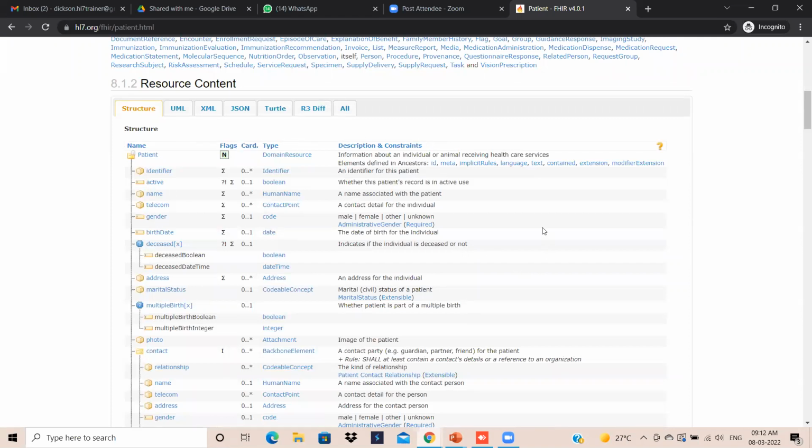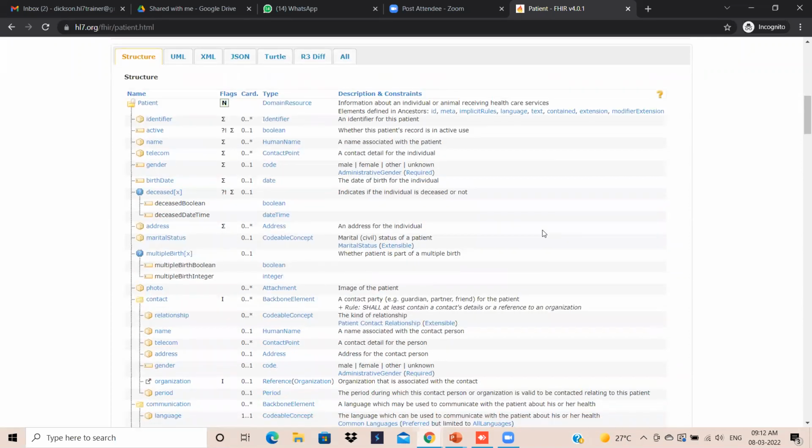This page is just one single page, but there is a lot of information present here. Each of these icons plays a major role in understanding the resource element and has a lot of meaning. Cardinality is used a lot in FHIR, and these data types will define the data structure of each of these elements. We have to take a look at each one of them to understand that better.